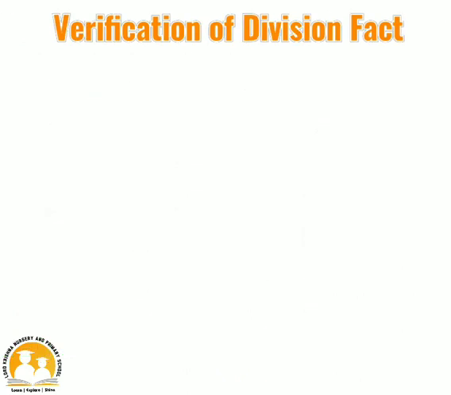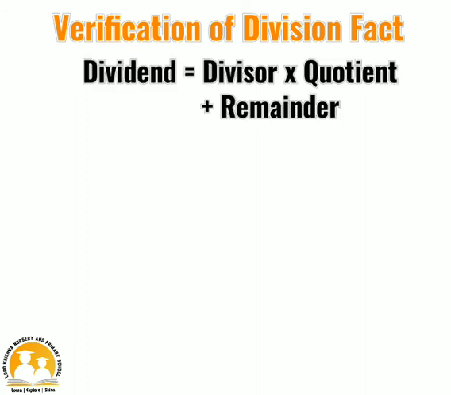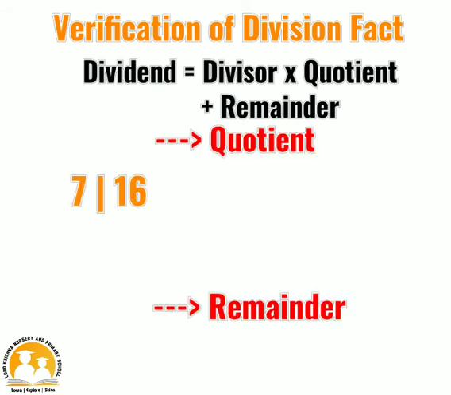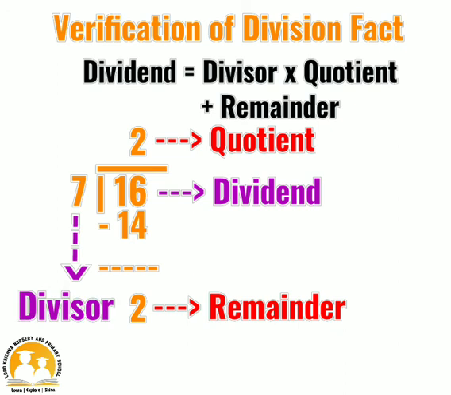Similarly, in a division problem, we can check the quotient by the casting out 9s method. We all know that dividend is equal to divisor into quotient plus remainder. Shall we check this? Take this simple example, children. 16 divided by 7 gives quotient 2 and remainder 2. Now apply the formula.